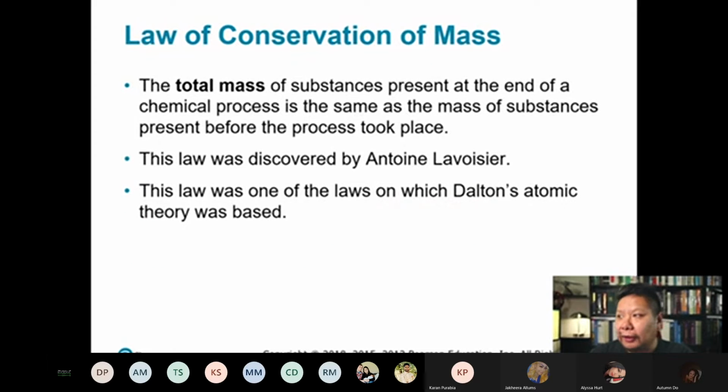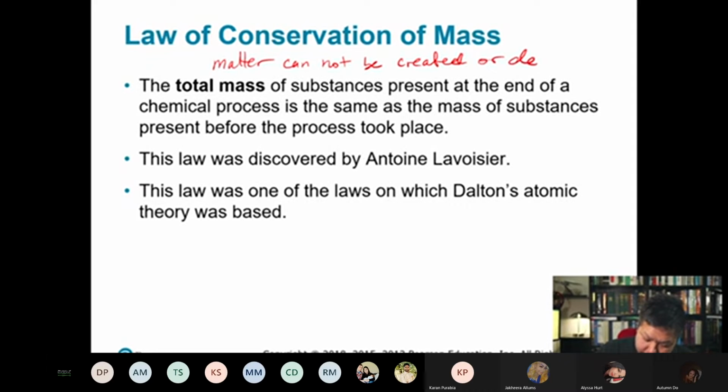So the next one is the law of conservation of mass, okay? And here, the law of conservation of mass says that the total mass of a substance present at the end of a chemical process is the same as it was before the chemical process took place, right? And so a short way of saying this law is matter cannot be created or destroyed in a chemical process, right?